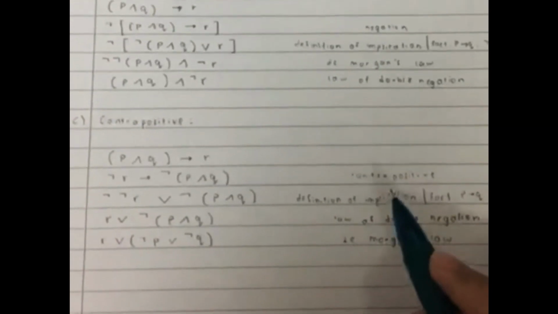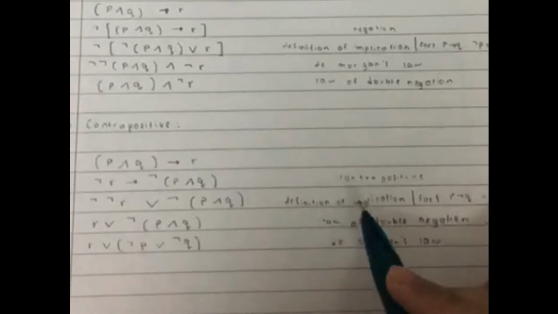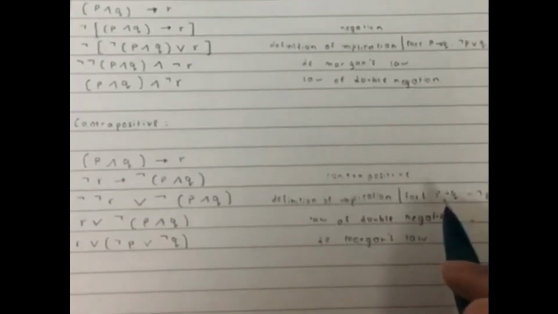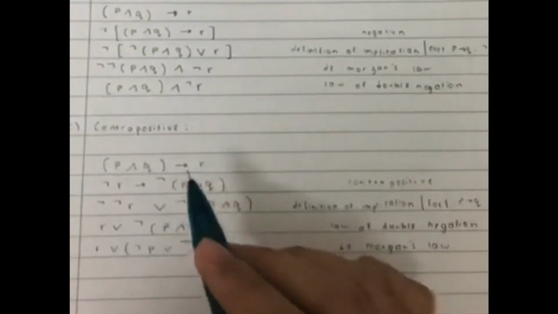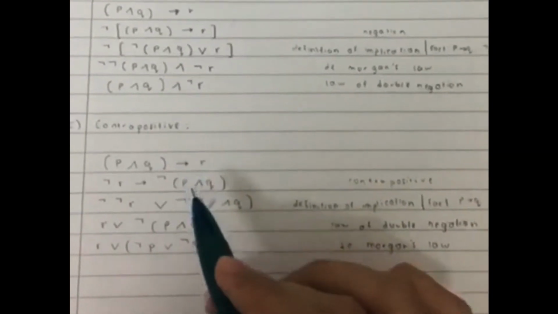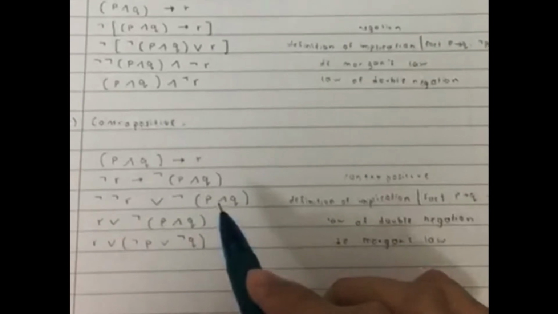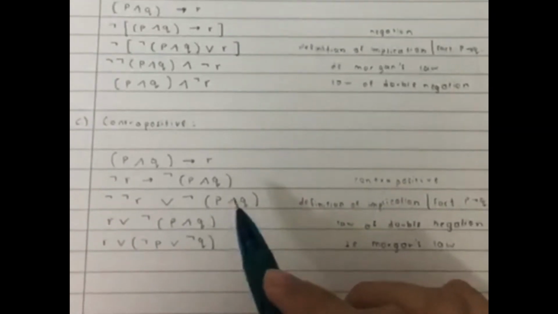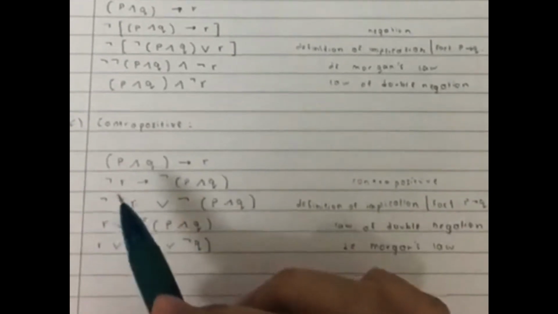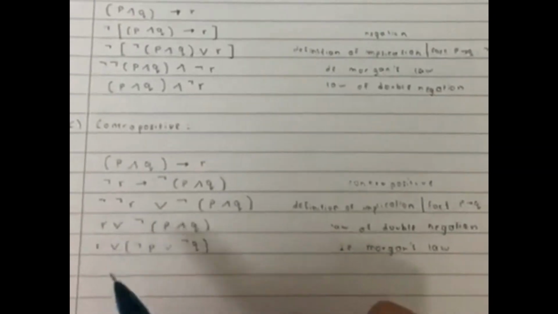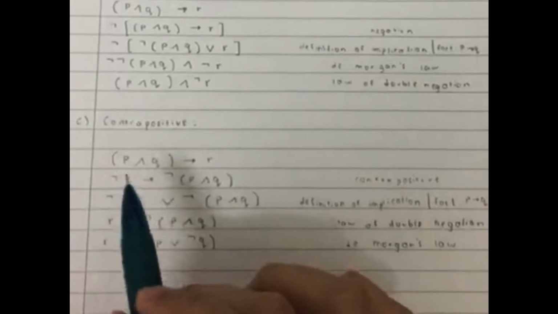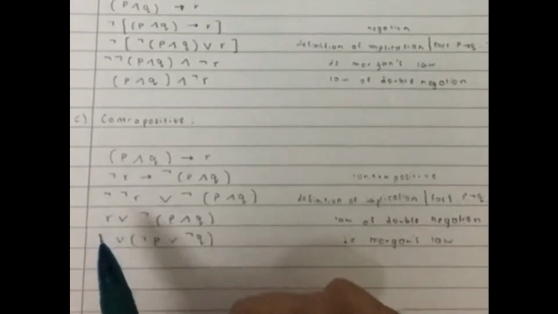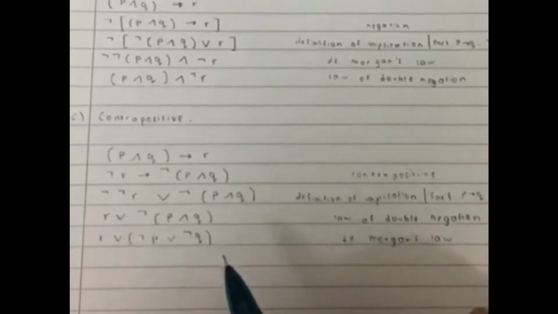Then we solve this using the definition of implication to change the implies, same as in B, and put the not at the front. Second, we use the law of double negation to remove the double not at the front. And lastly, we use De Morgan's law.